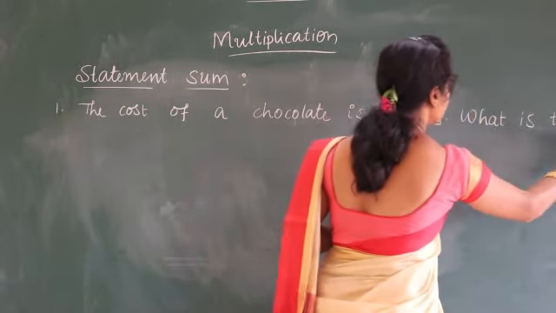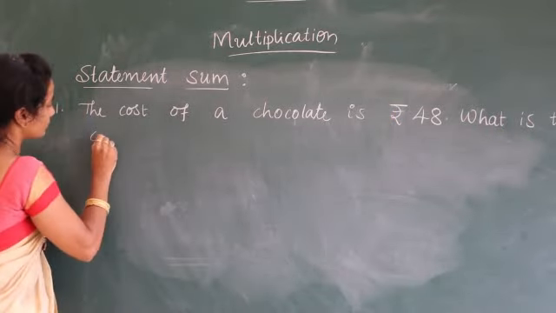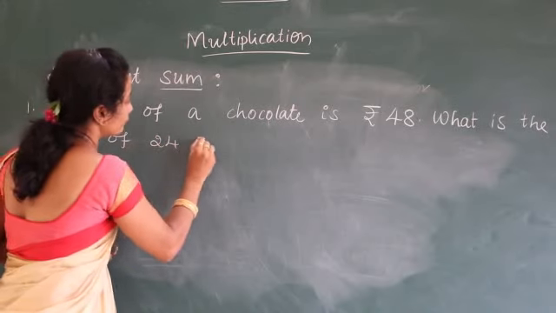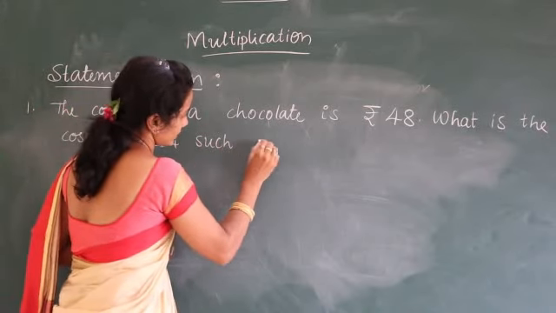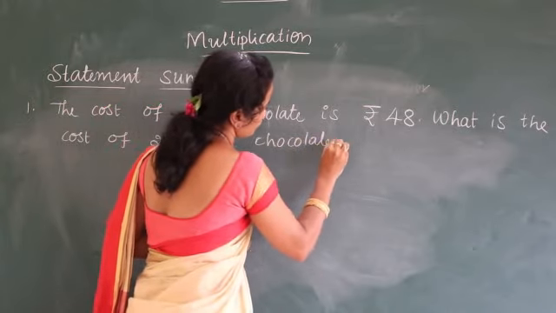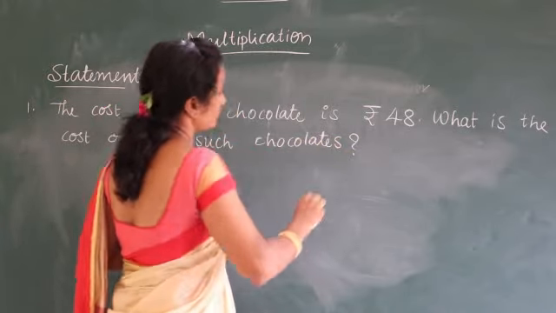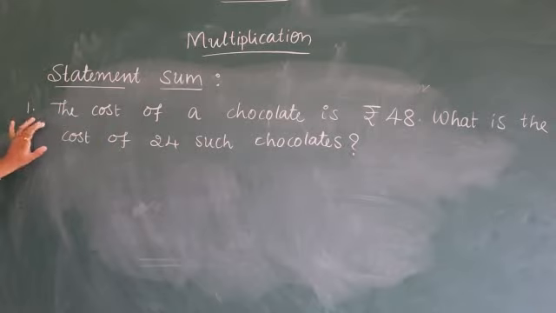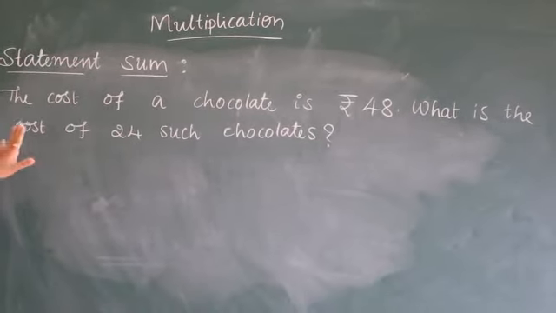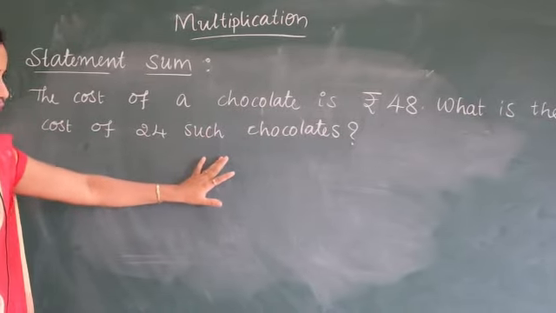What is the cost of 24 such chocolates? So the cost of a chocolate is rupees 48. What is the cost of 24 such chocolates?